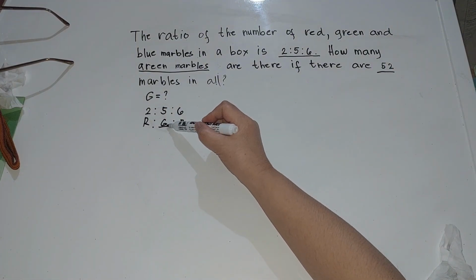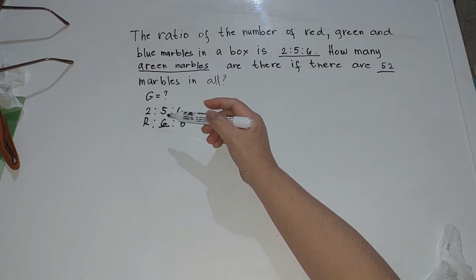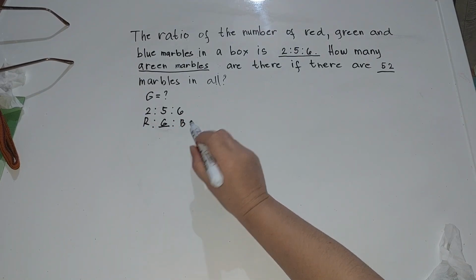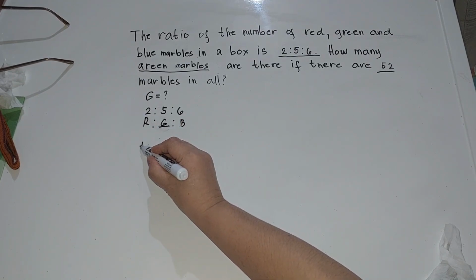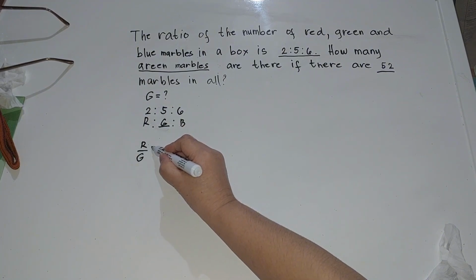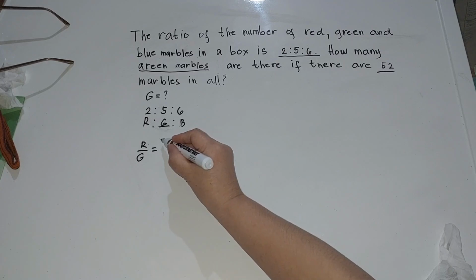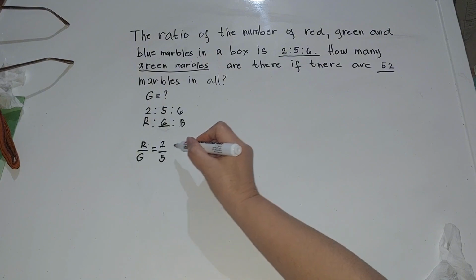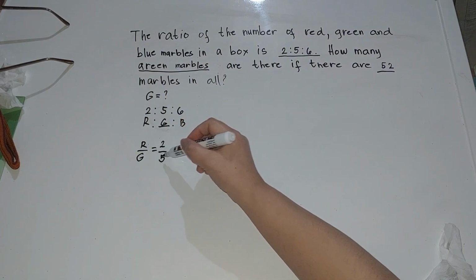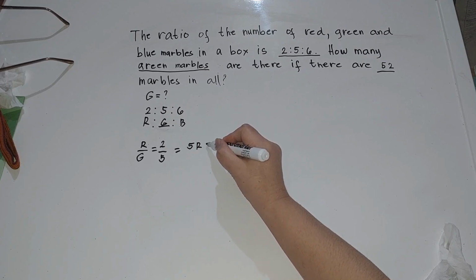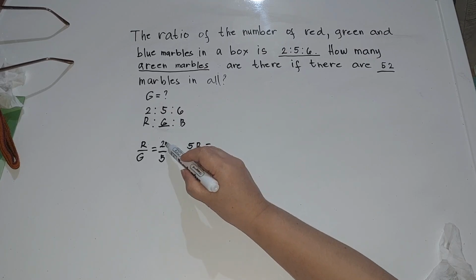Since we are looking for G or the green marbles, we'll equate red to green and blue to green. So R over G is equal to 2 over 5. Okay, cross multiply. This is 5R is equal to 2G.